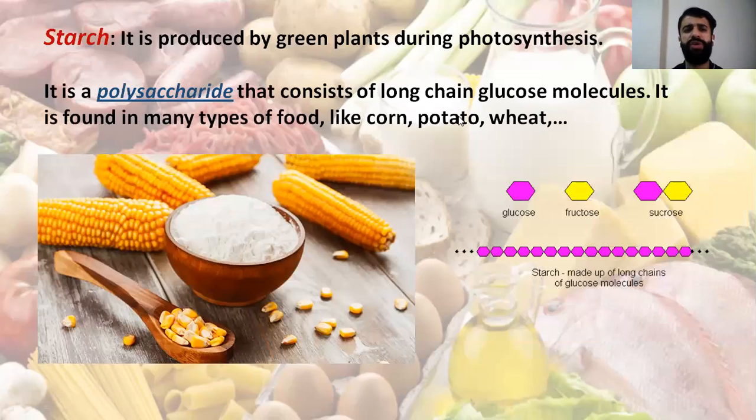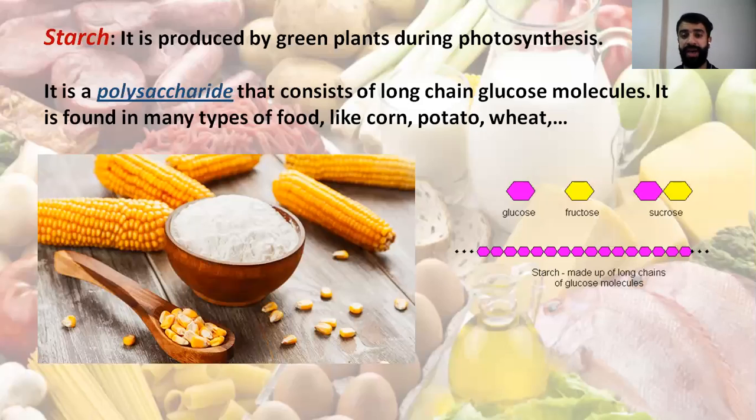Starch. All of you know that starch is produced by the green plant during the very, very famous process, photosynthesis. Remember the song about the photosynthesis. So starch is produced by green plants during the process of photosynthesis. Starch is detected by which test?